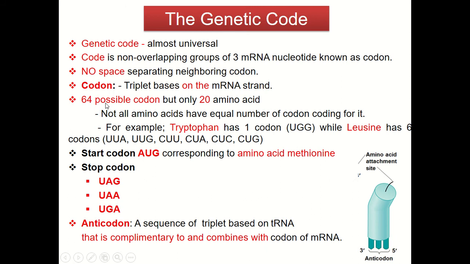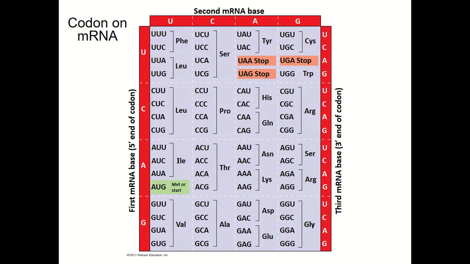So there are 64 possible codons that code for 20 amino acids. Remember, an amino acid is the monomer for protein. Here we have 64 possible codons. You can calculate it by yourself, and all of these 64 code for only 20 amino acids.